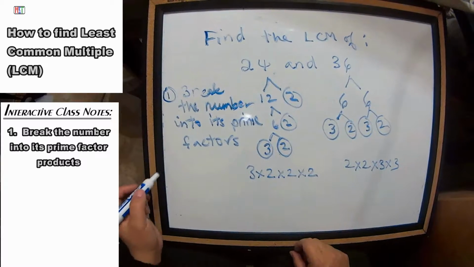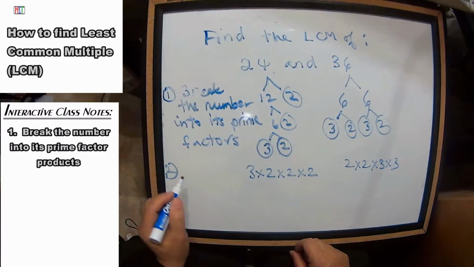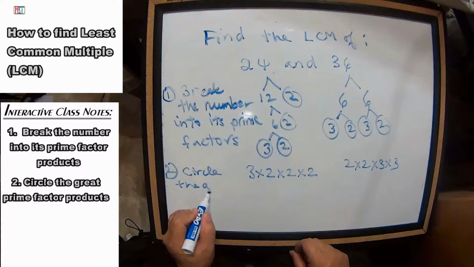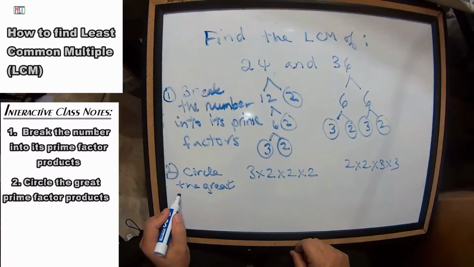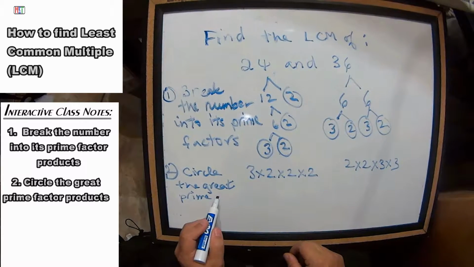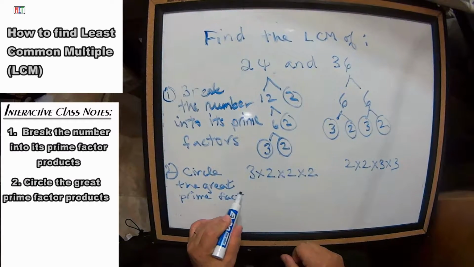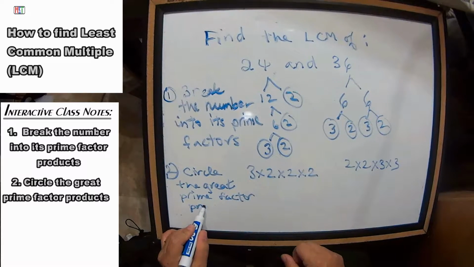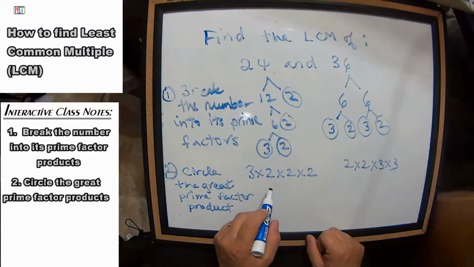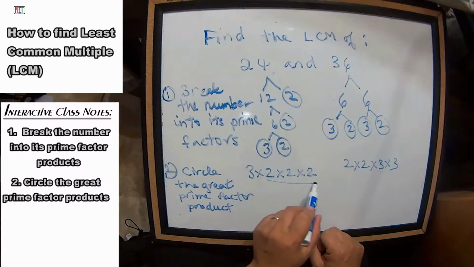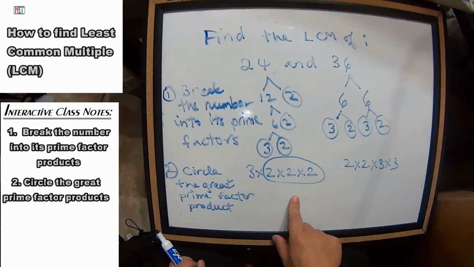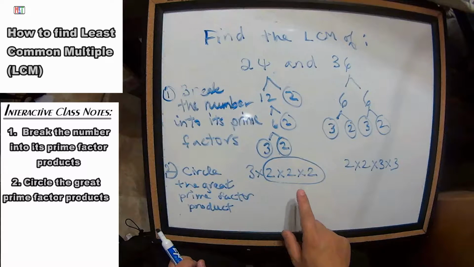The next step is to circle the greatest prime factor product in the set of numbers. Okay, the greatest prime factor. So you notice here the greatest prime factor product for 24 is 2 times 2 times 2.